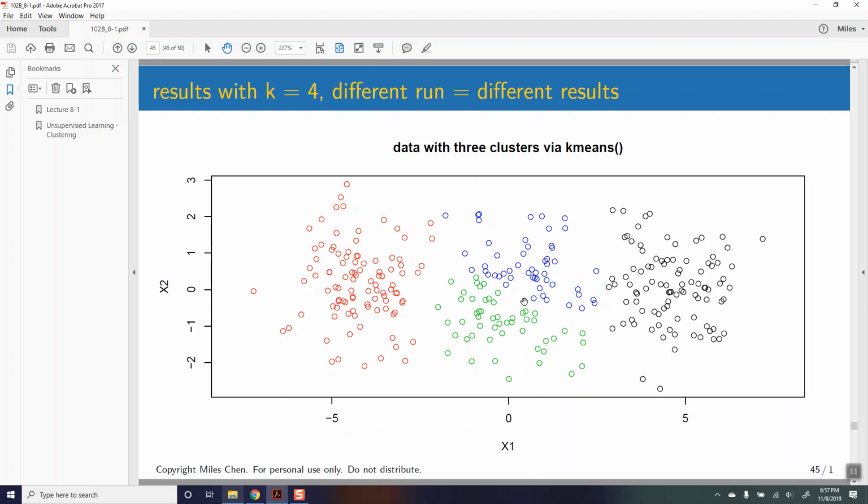And then your answer depends on what units you used, and if somebody used millimeters, those numbers will be way bigger than if somebody used centimeters, right? And that's going to play into Euclidean distance.